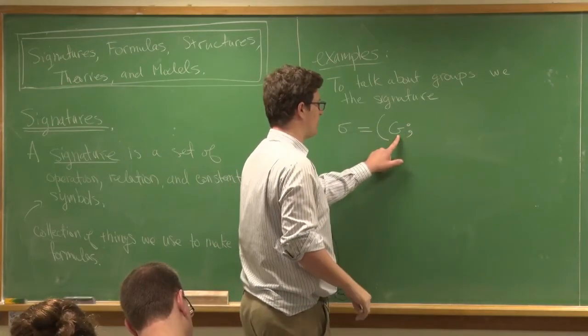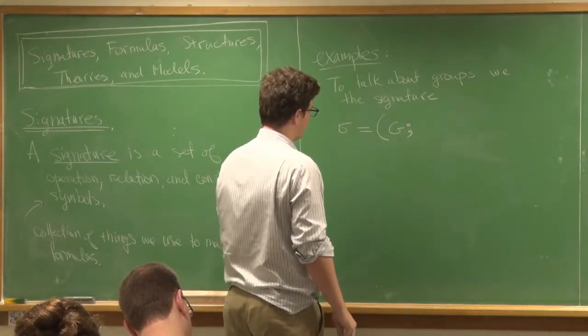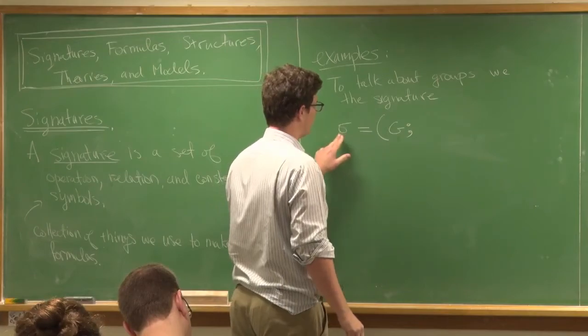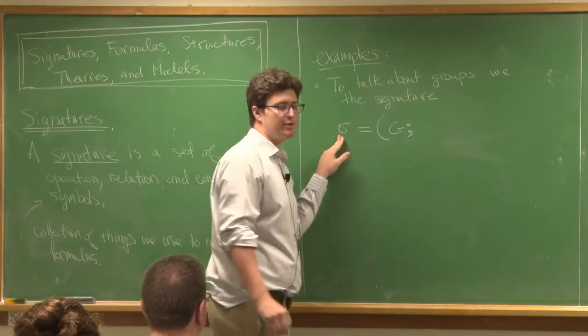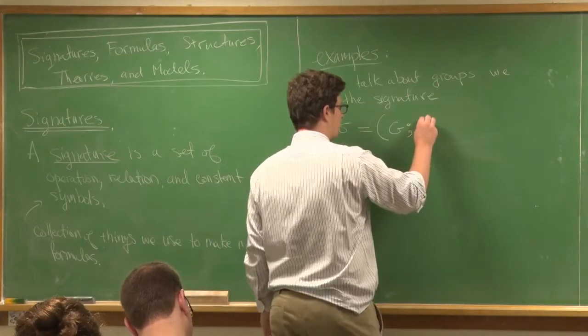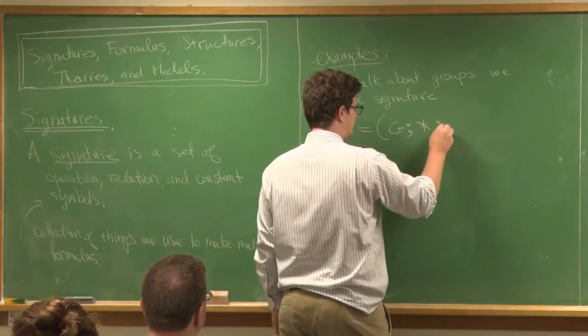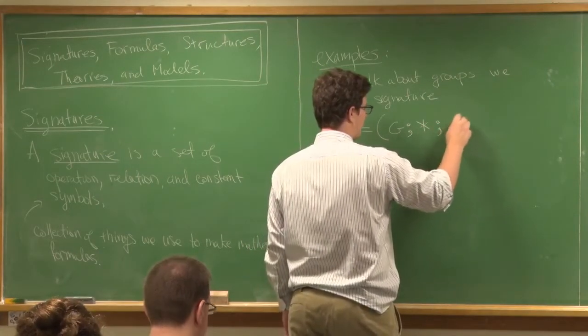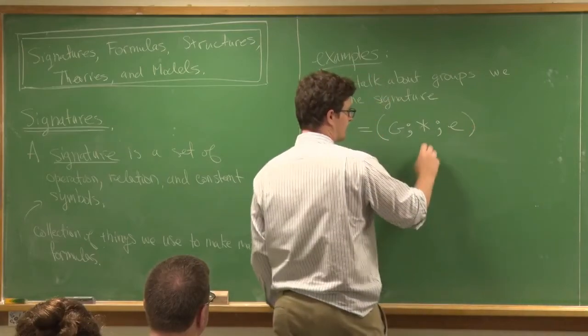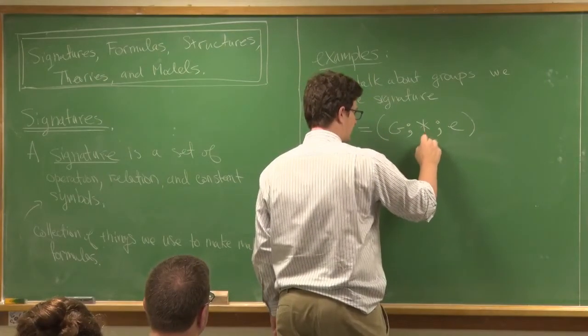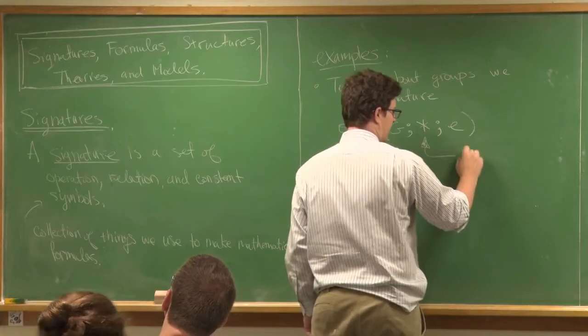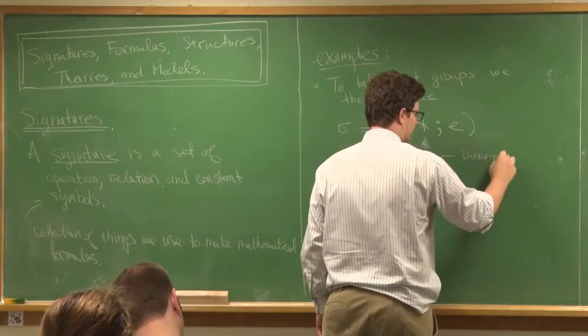Sometimes this is called a sort, but I'm going to include it in here. So for groups, we just have two symbols that we really use. We have a multiplication symbol, that's our binary operation, and then we have our constant symbol. There are no relations in this one. So this thing here is our symbol for the binary operation.